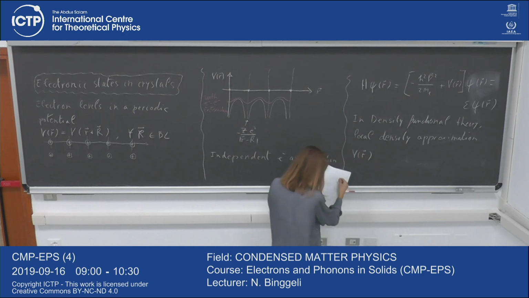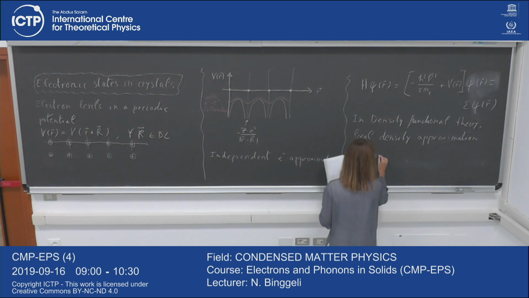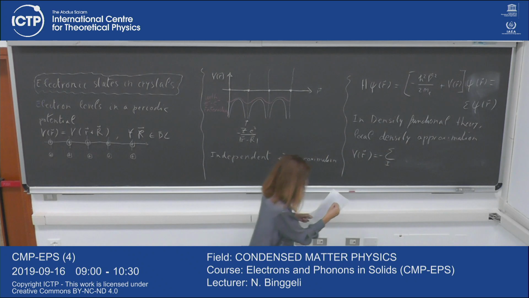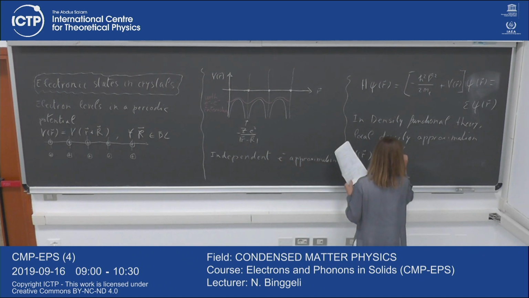So the potential in my crystal will be the Coulomb potential generated by the nuclei charge.